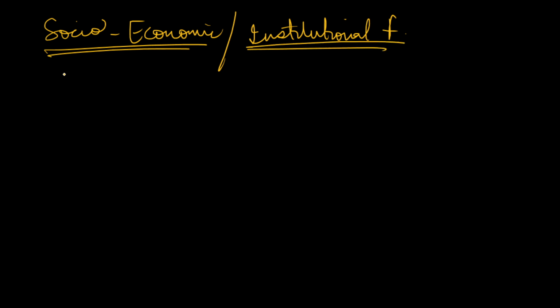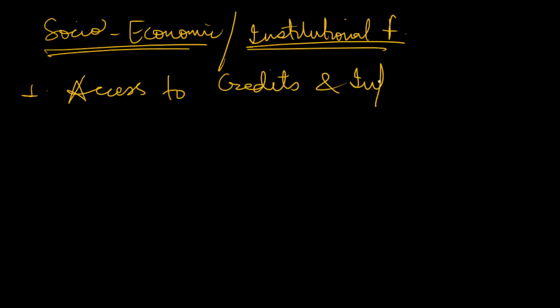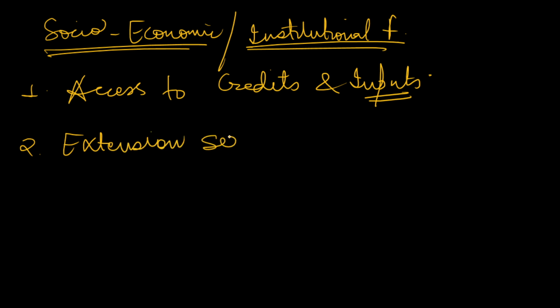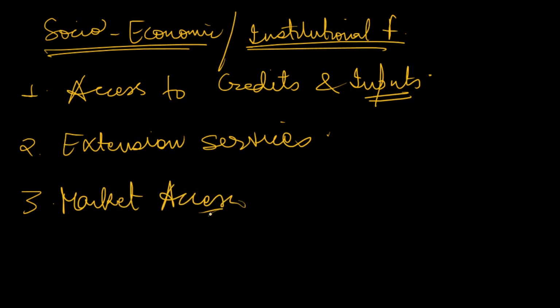So here you can mention access to credits and inputs to farmers, extension services. You can mention market access. All these will have an impact on productivity.